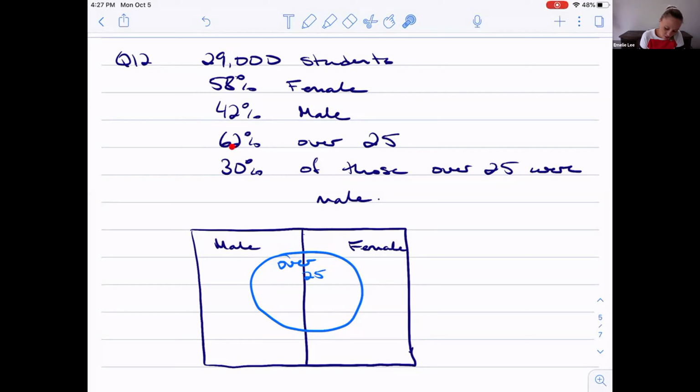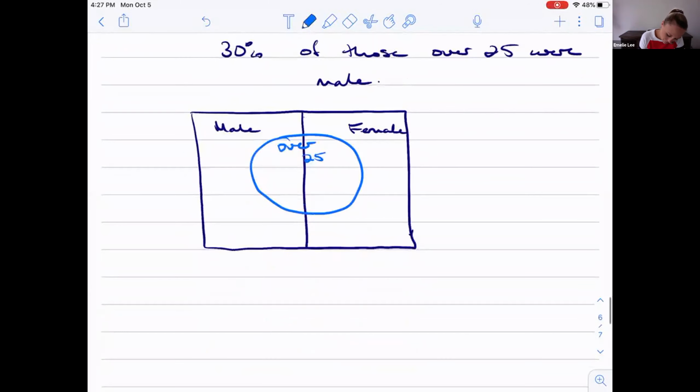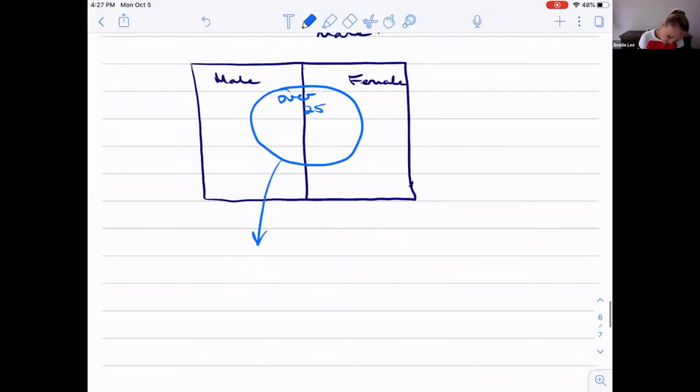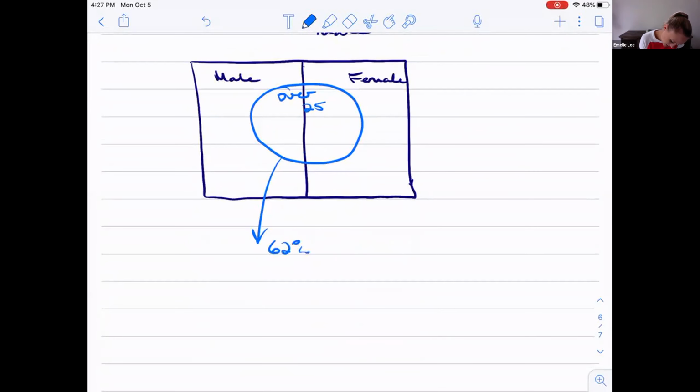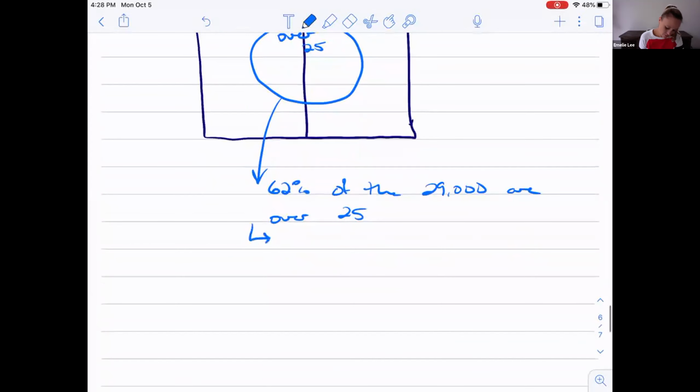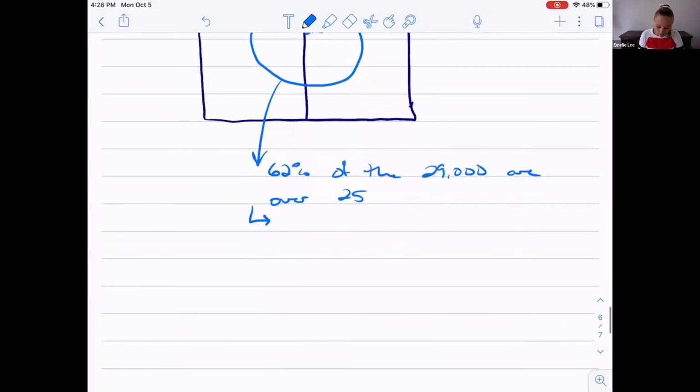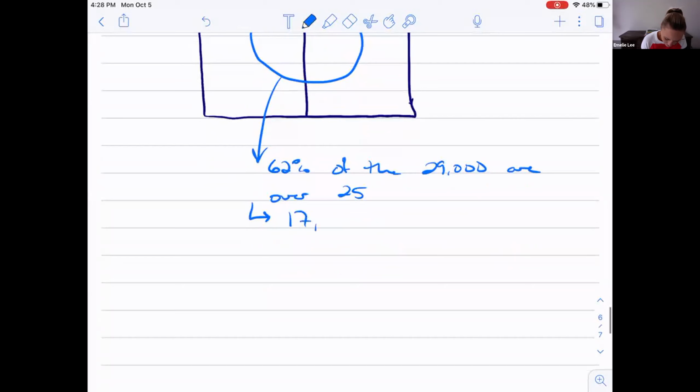So 62% of the 29,000 are over 25, which means 29,000 times 0.62 is 17,980.